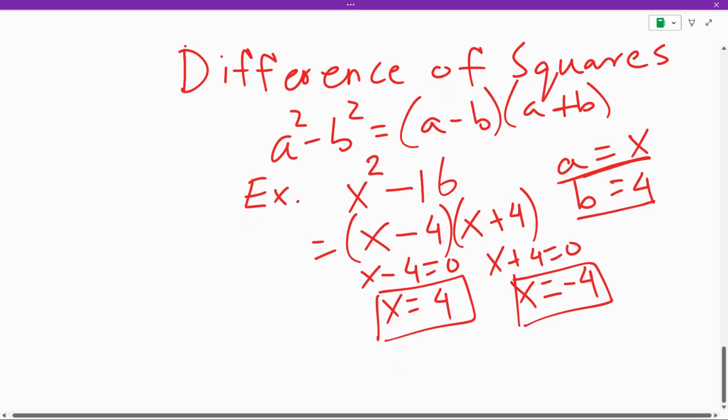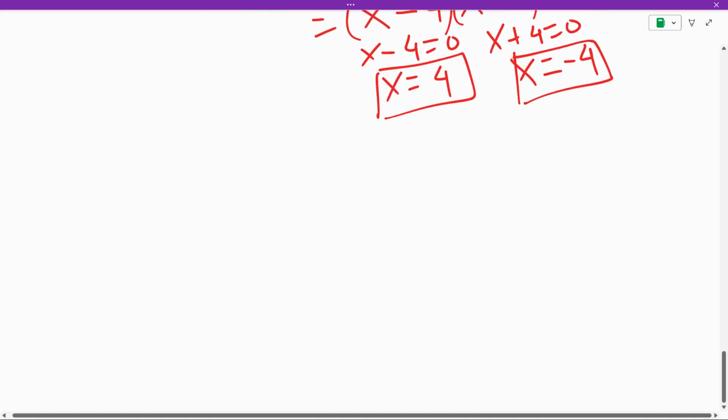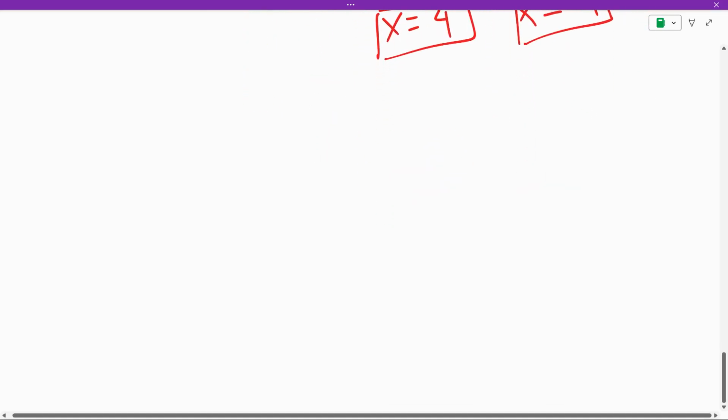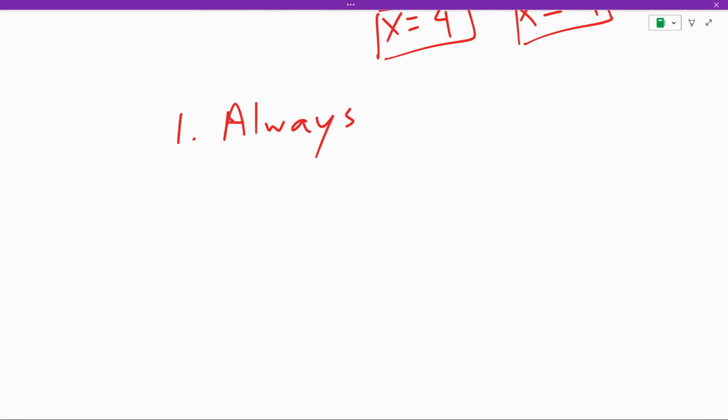Okay, so some important tips to keep in mind when you encounter these types of questions: first, always check for the greatest common factor.